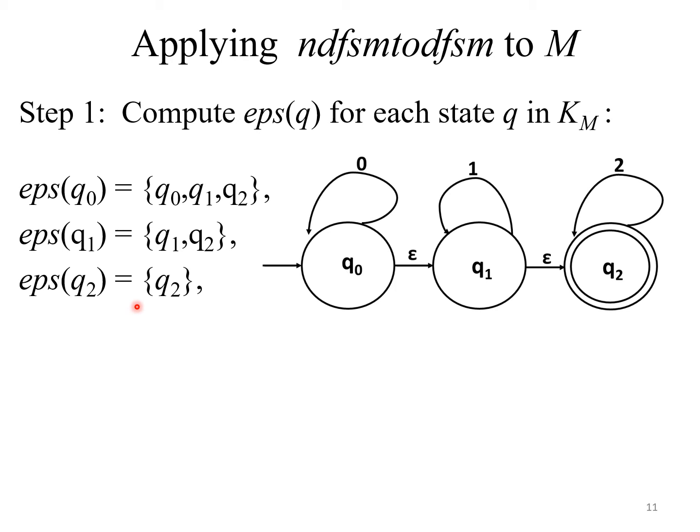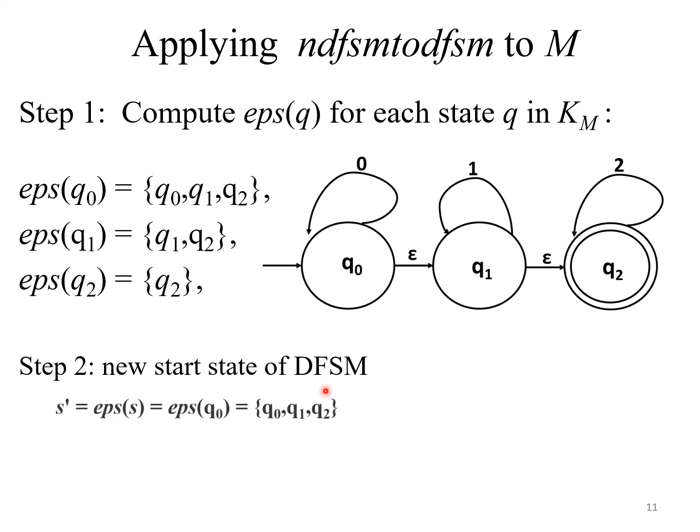So once we obtain the epsilon closure for all the states, next step is to obtain the new start state of the DFSM. So new start state of DFSM, S dash, is equal to EPS of old start state, that is start state of NDFSM. So the start state of NDFSM in this particular machine is Q0.